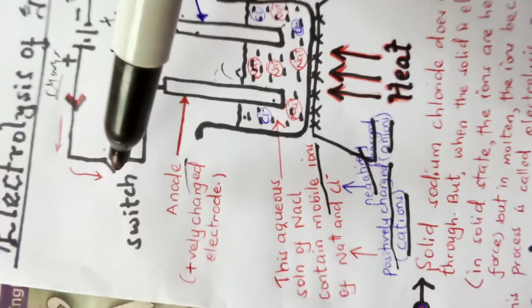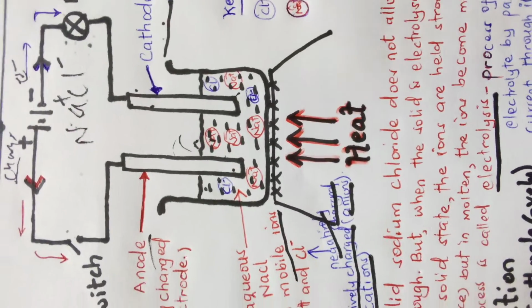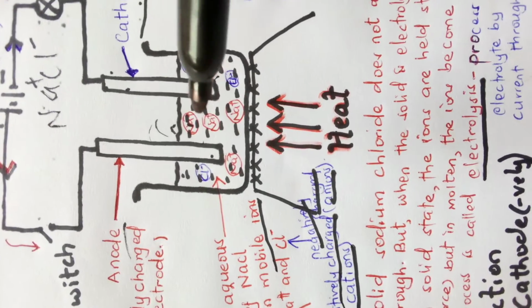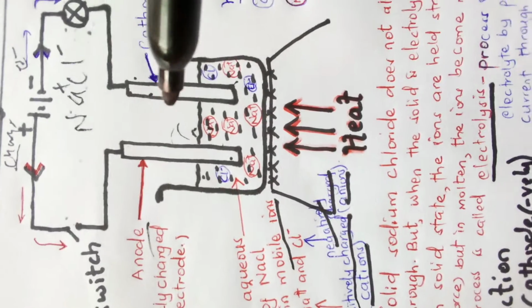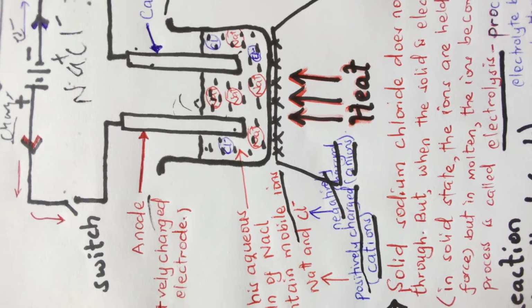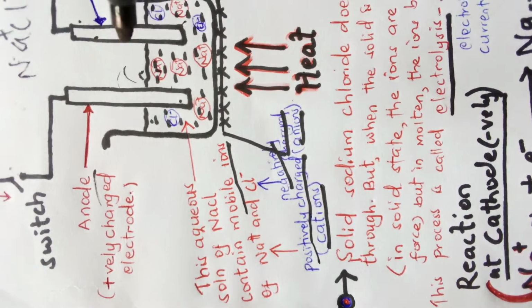When the switch is closed, you will find that the bulb will light. This shows that this electrolyte of sodium chloride allows current to pass through it, and this is due to the presence of mobile ions in the solution.